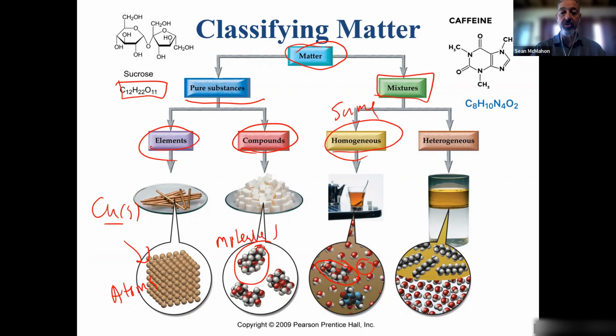I could put more sugar in here and keep adding sugar. The reason why I can add variable proportions is these are not chemically bound to the water molecules. Heterogeneous typically means different, so there's a separation. That has to do with how they interact with one another. So we can see that the oil likes to interact with itself and keep separate from the water, creating this interface. But again, if you need to review that, that was lecture 1 of chapter 3, when we talked about matter.